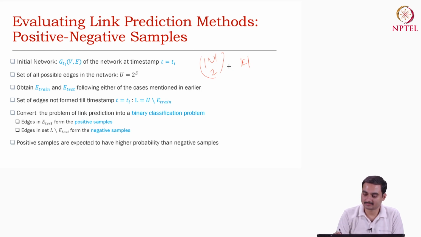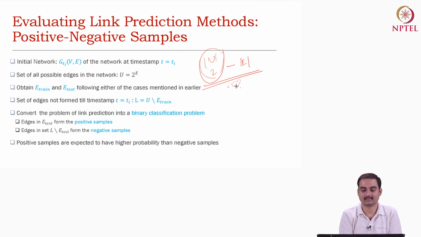The rest are not connected. Your task could be to predict those pairs of nodes which are going to be connected in the future. Among this many pairs, you need to predict how many of them will be connected. And I mentioned in the last lecture that this is really small, say 0.5% of the node pairs will be connected, sometimes 1 or 2.